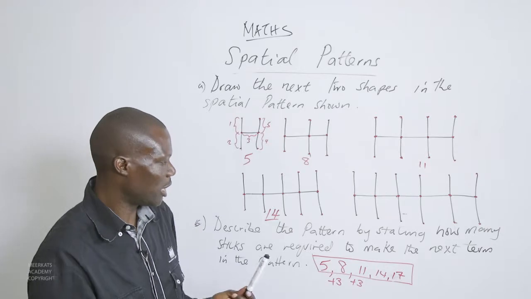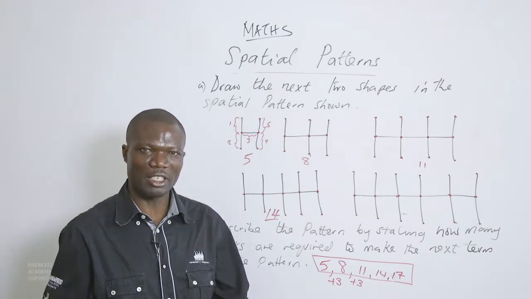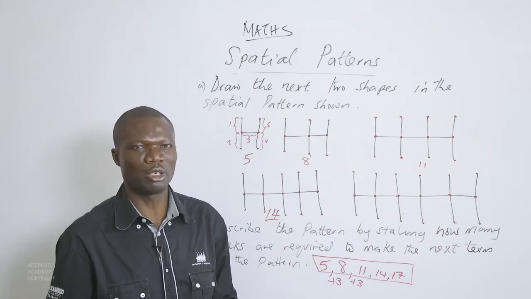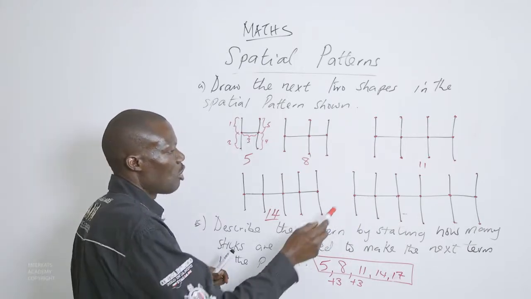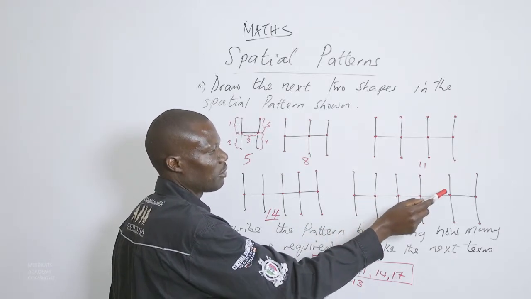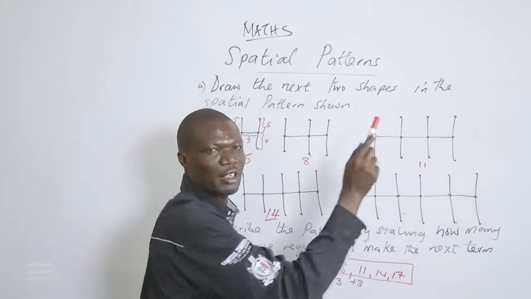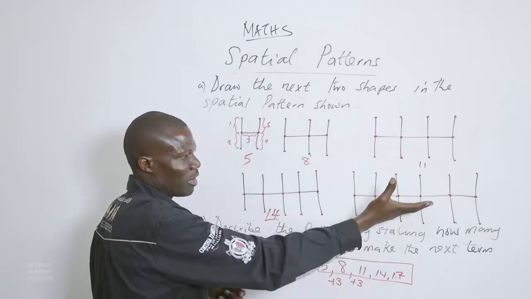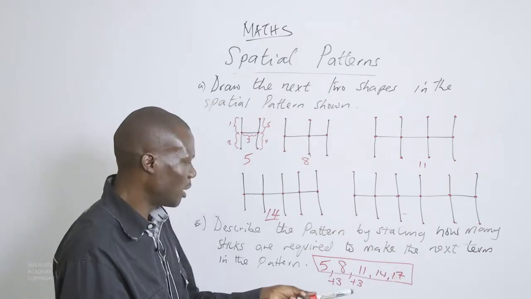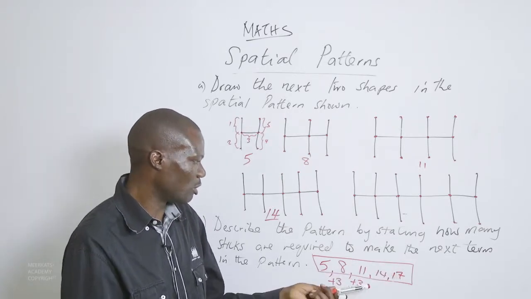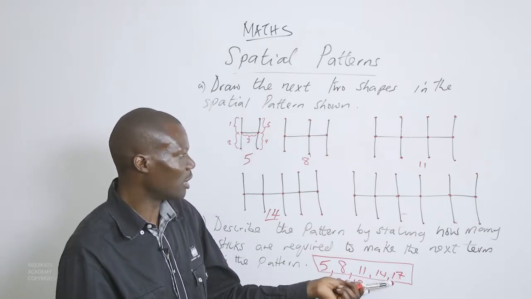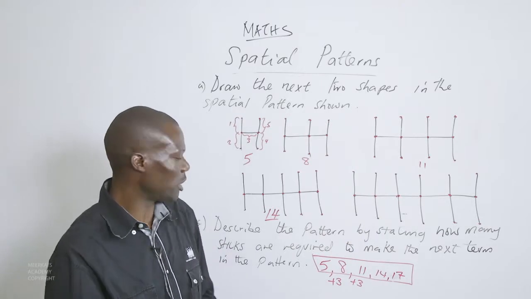The fifth shape, again, the number pattern tells us it should be 17. But let us look at the spatial pattern and see what it will give us. 1, 2, 3, 4, 5, 6, 7, 8, 9, 10, 11, 12, 13, 14, 15, 16, 17 sticks. 17 sticks from the spatial pattern, and this is from the number pattern.